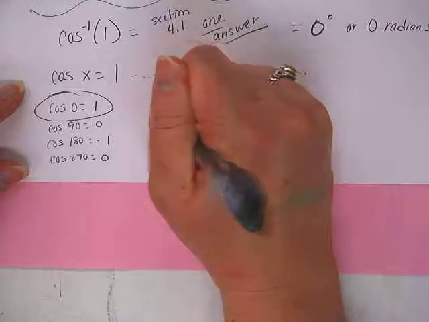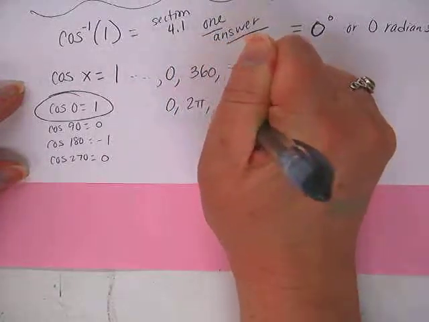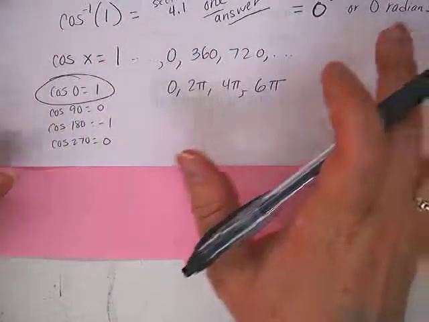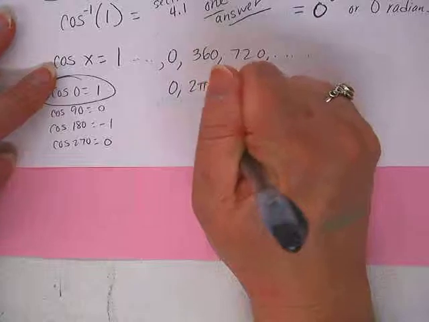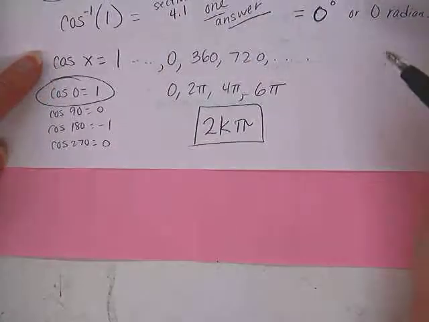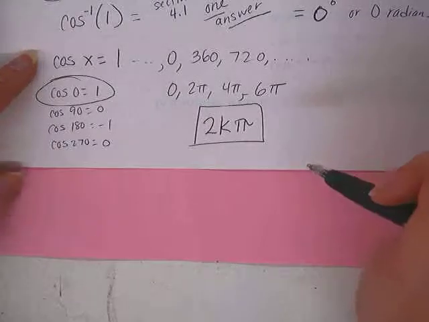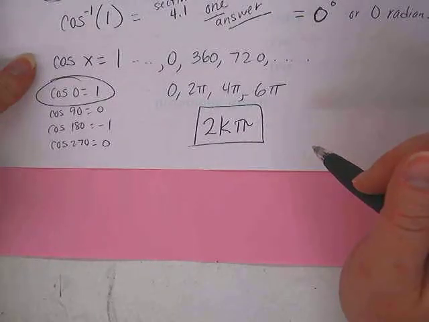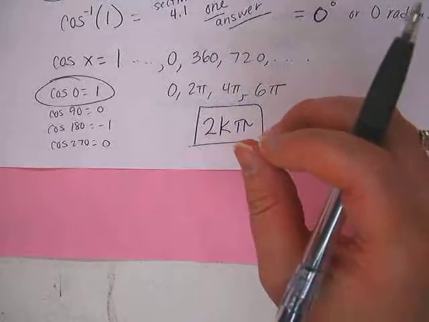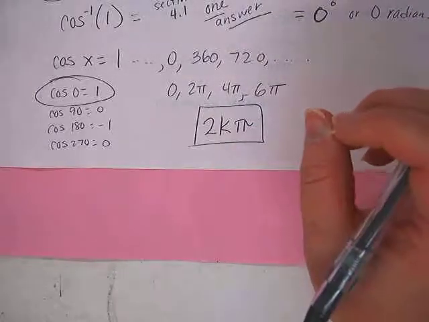So 0, 360, 720. Can we go back the other way? Or we could do this in terms of pi. 2 pi, 4 pi, 6 pi. So how do we write that answer so that it's forever? 2k pi is the solution if I'm trying to give all real solutions.